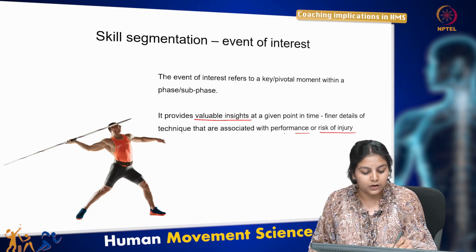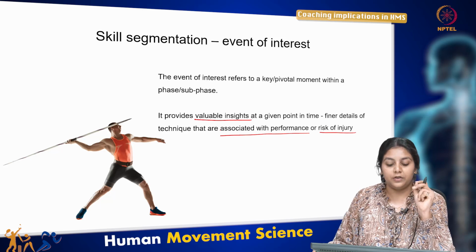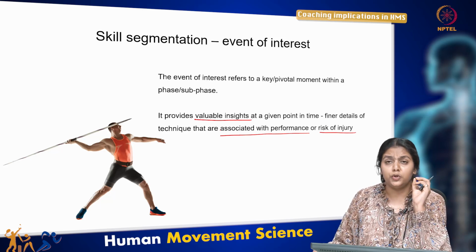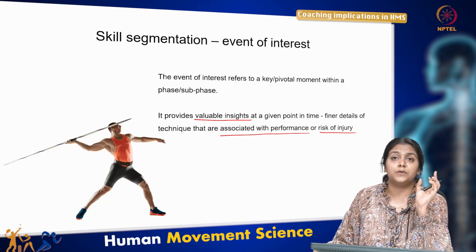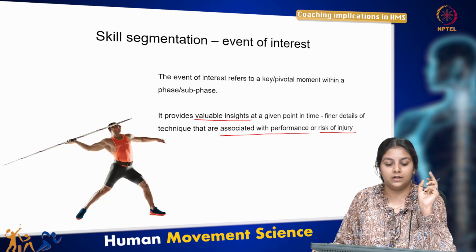So usually when you're looking at performance characteristics or risk of injury characteristics, you always look at the position of the body at a particular given point in time.